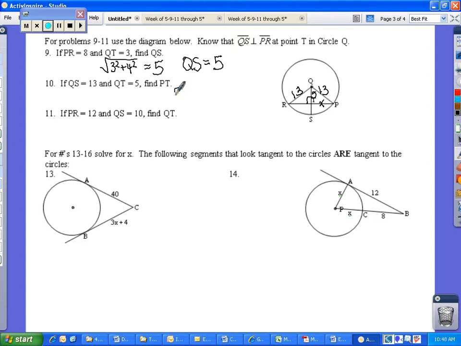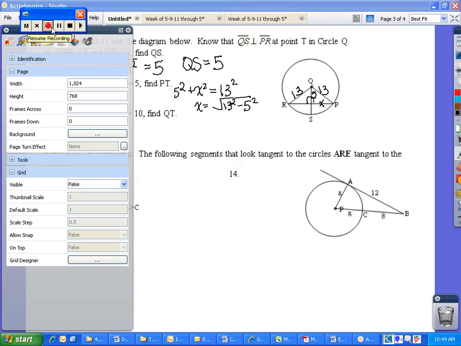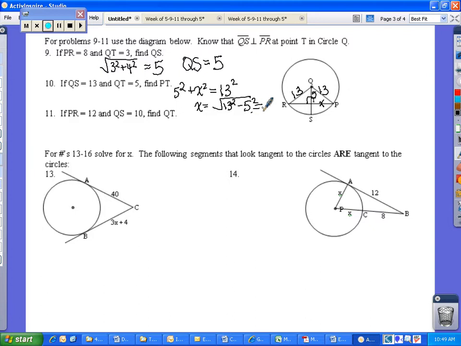So in this case now it's going to be 5 squared plus x squared, and this time I have the radius, so that's 13 squared. So this is how I'm going to solve it. It's going to be x equal to the square root of 13 squared minus 5 squared, which is equal to 12. So that means PT equals 12.